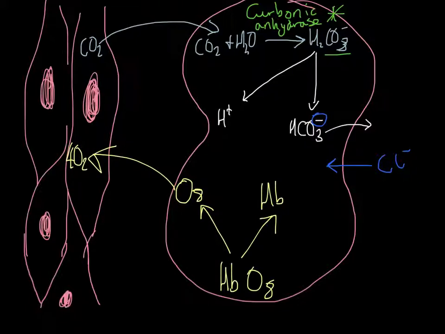This oxygen is therefore taken up by the respiring cells by diffusion and then used for respiration. That leaves us with our hemoglobin molecule and this hydrogen ion, and they come together to form hemoglobinic acid.